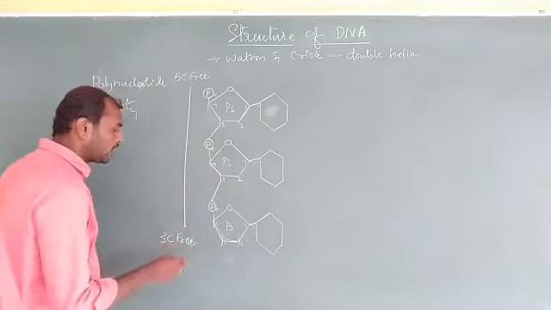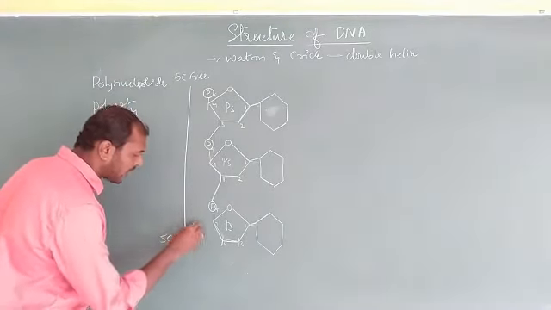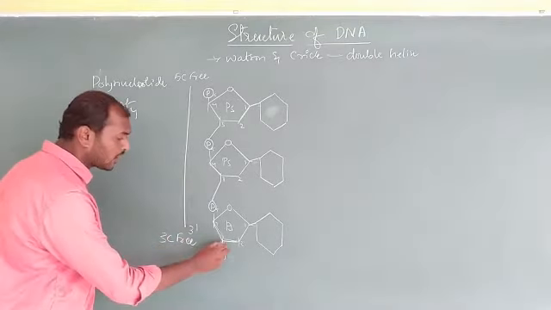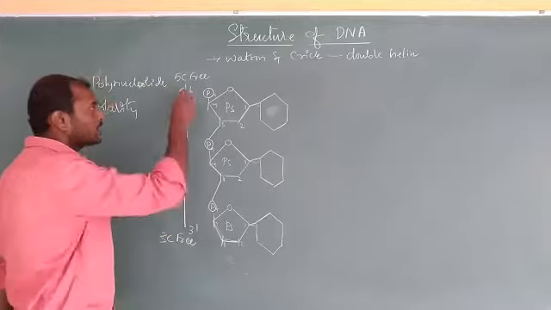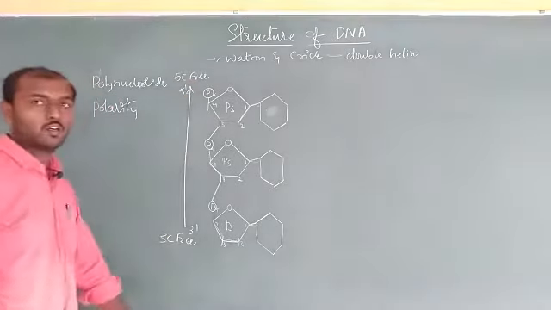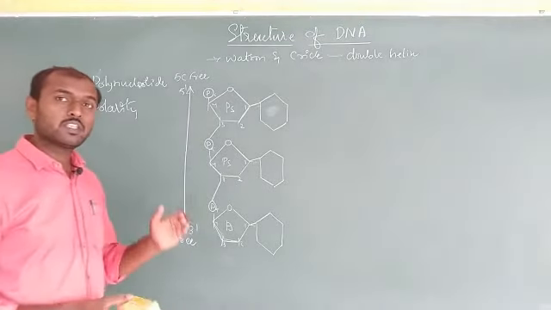So this end, let's call it 3', because the third carbon is free, and this one is 5' because it is free at this end. So this is what we call the 3' to 5' end. This is one strand of the DNA.